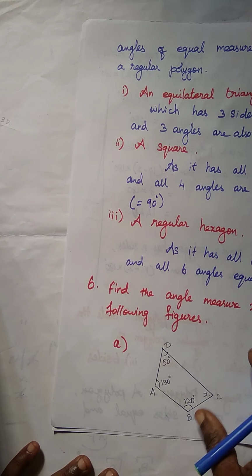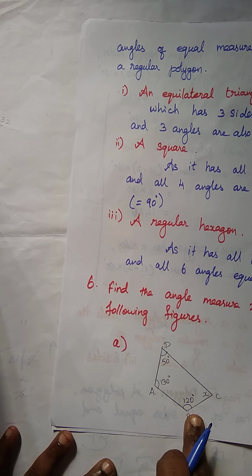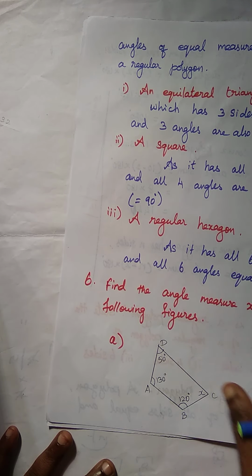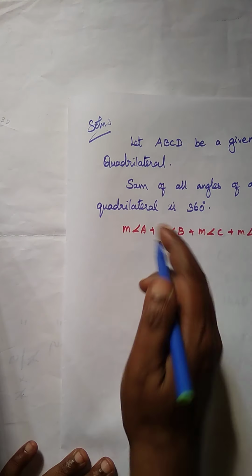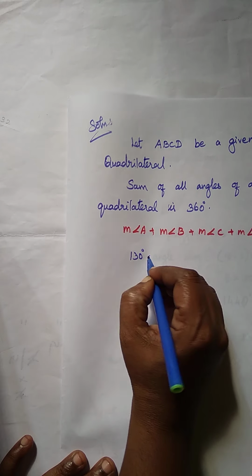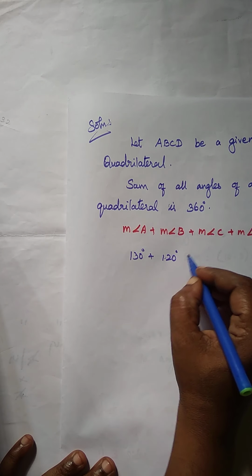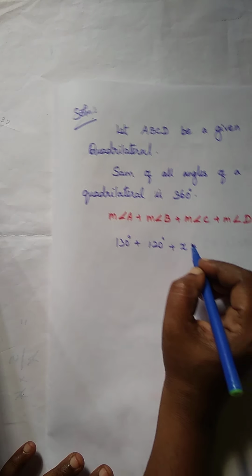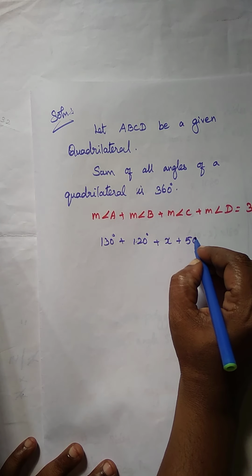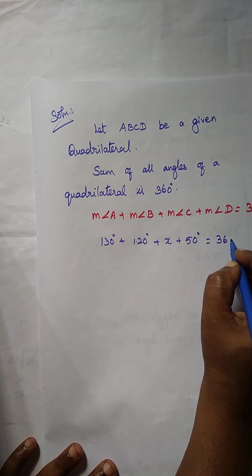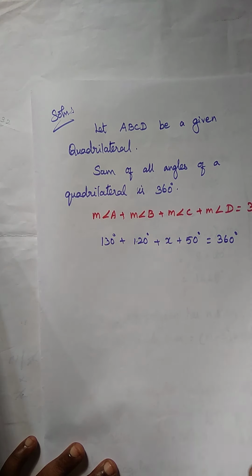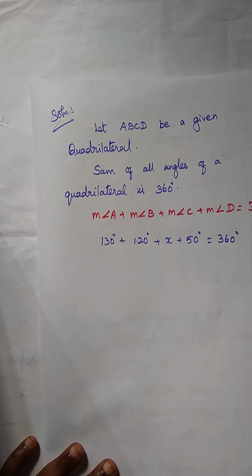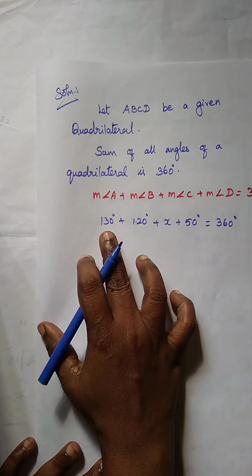Now what is the angle A? See here, angle A is 130 plus 120 plus x plus 50. So write 130 degree plus 120 degree plus x plus 50 degree is equal to 360 degree. Now we add all the angles.